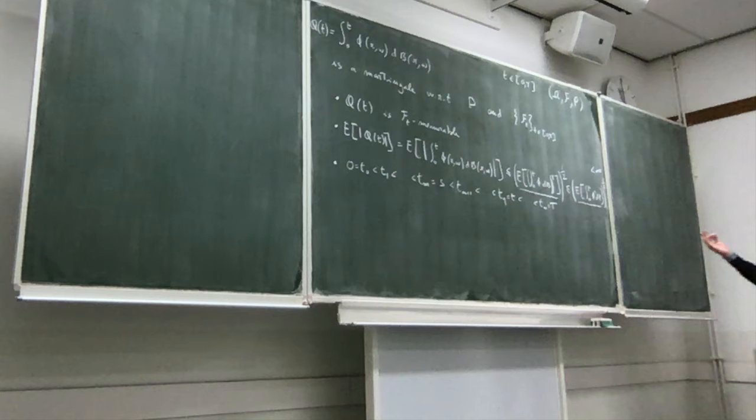I start by considering just this first part. So this is the expected value of the sum for j from 0 to m minus 1 of a_j(omega) times the increment of the Brownian motion, B_{t_{j+1}} minus B_{t_j}, and everything here is conditioned on F_{t_m}.